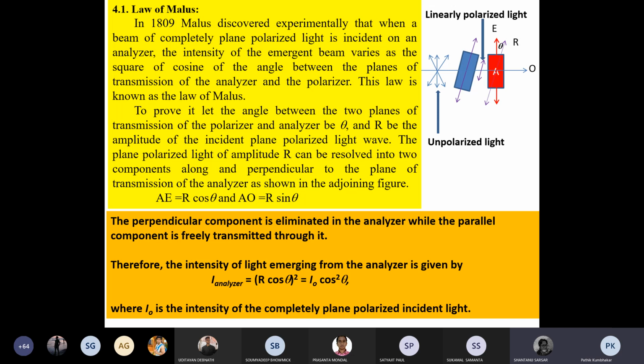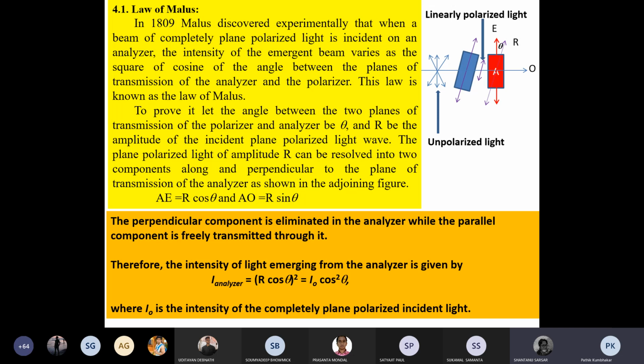Now when this linearly polarized light passes through an analyzer with a pass axis making an angle theta with the axis of the polarizer, the intensity of the light passing out from the analyzer will depend on the square of the cosine of the angle between the pass axis of the polarizer and the pass axis of the analyzer. That's Malus's law.